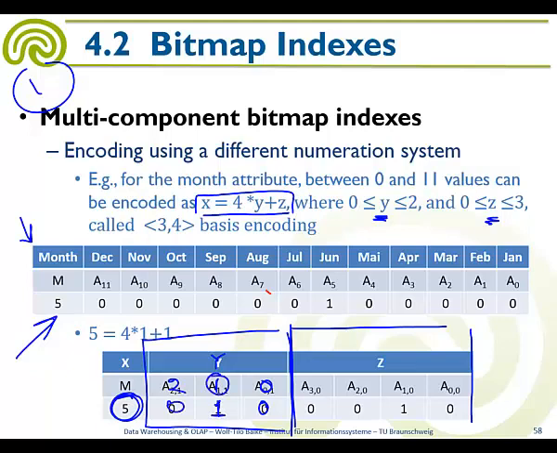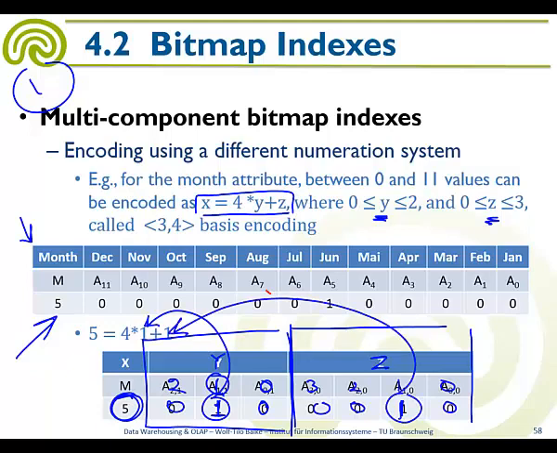If you put a 1 here, which means the value of y is 1, and for z, 0, 1, 2, 3, the value is 1, so you put 1. 4 multiplied by 1 is 4, and z is 1, so 4 plus 1 is 5, and you get the value 5. So instead of putting the 5 directly there, you just cleverly devise some function that divides the value into two components, and you use these two components to build up the final value.